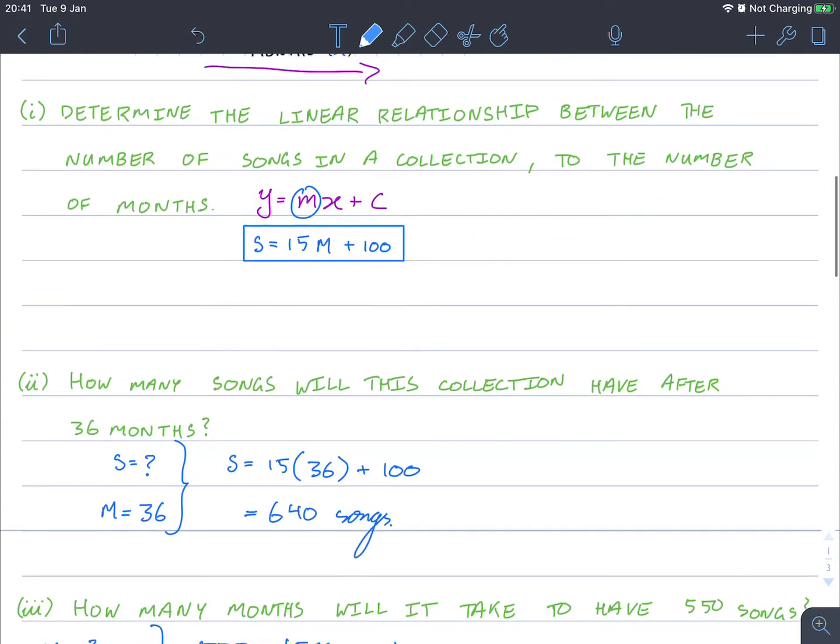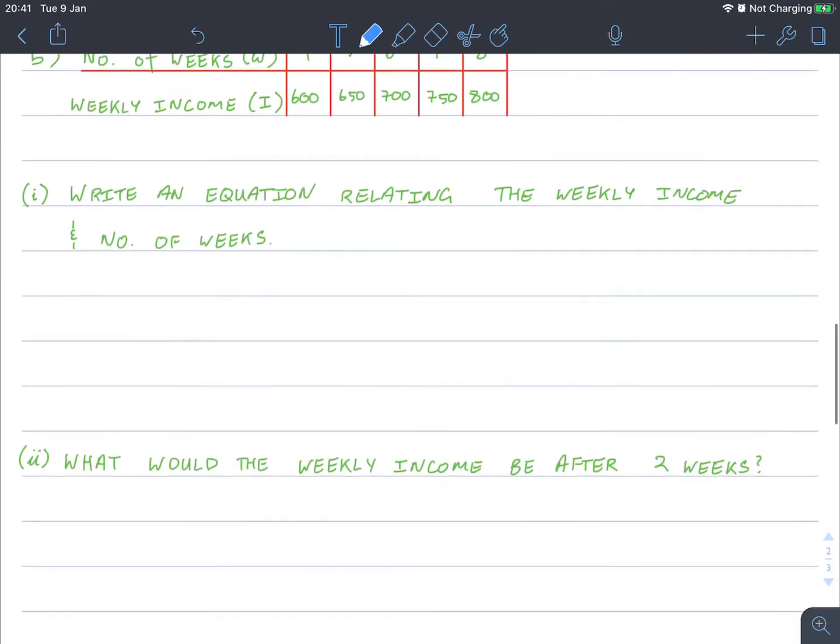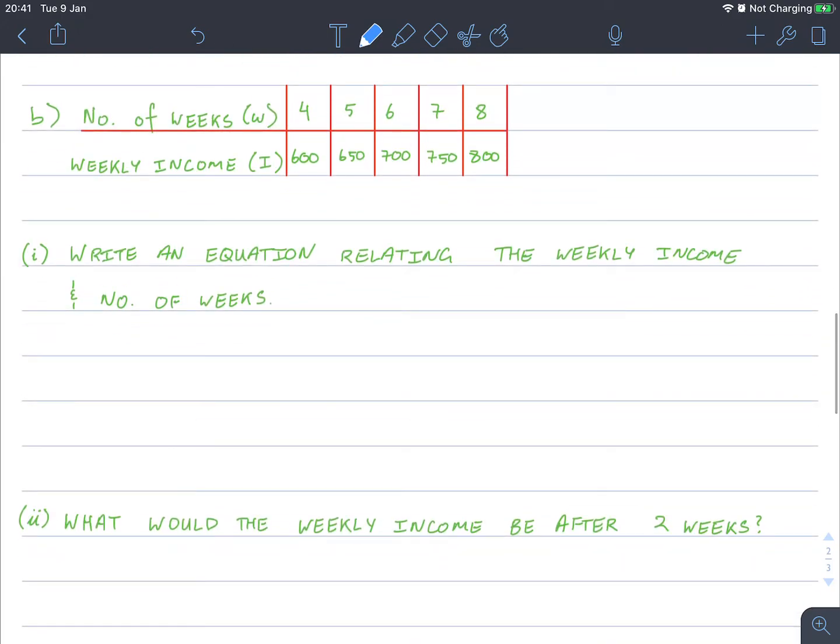Okay, so let's get straight into a second example here. This time we're not given a graph, we're just given a table of values. Write an equation relating to the weekly income and the number of weeks.